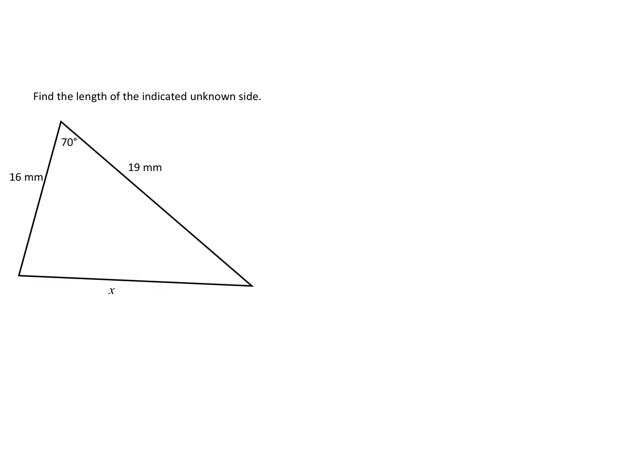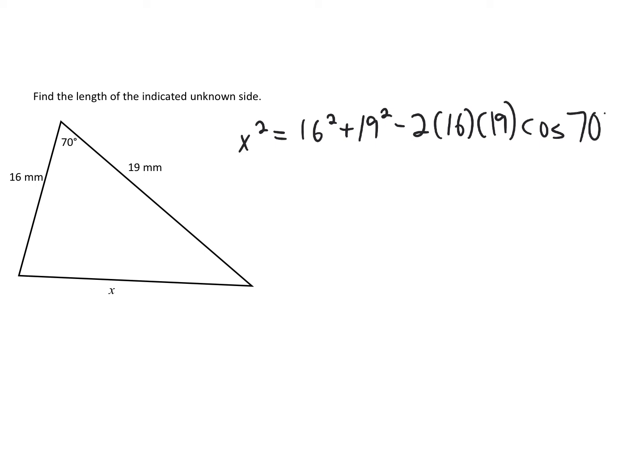In this example, we don't have an angle and opposite side known, so we're going to use the cosine law. So in this case, x squared equals 16 squared plus 19 squared minus 2 times 16 times 19 cos 70 degrees. So you'll notice it's similar to the Pythagorean theorem, but we have that extra bit on the end to adjust for it not being a 90-degree angle.